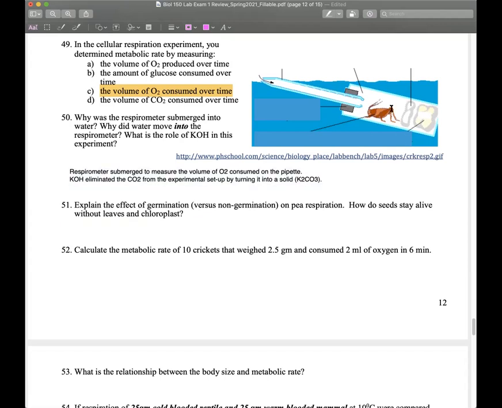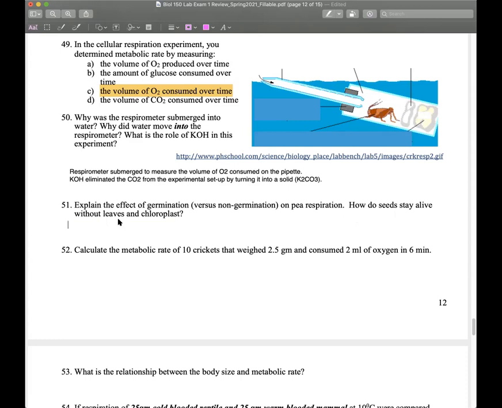All right, so we didn't just use the crickets in this experiment, we also used peas, some of which were germinating. What is germination? Basically another way to ask that is, how are these seeds staying alive without leaves and chloroplasts, and how can they be alive and not do photosynthesis?